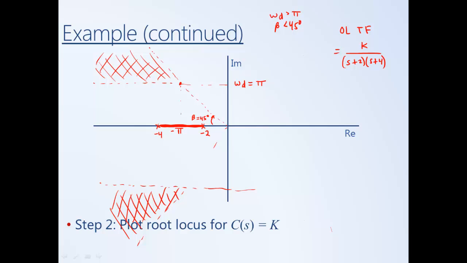Then we determine the asymptotes. In this case, we have 2 more poles than zeros, so we have 2 asymptotes, 2 zeros at infinity. And if you remember the shape of those, asymptotes will go up at +90 degrees and down at -90 degrees.